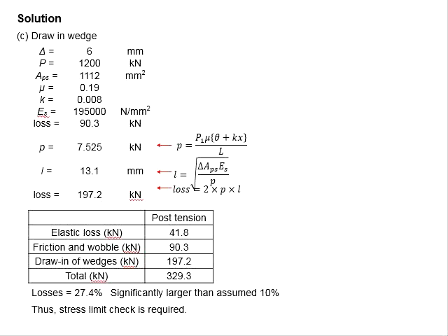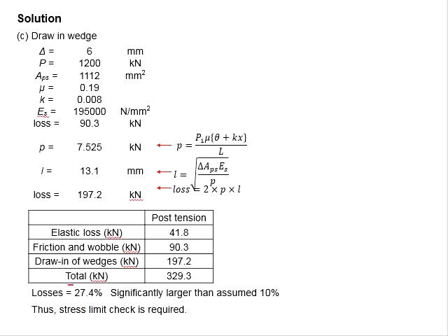If you remember the example that we did a long time ago, the alpha was assumed to be 10%. This final calculated answer is significantly larger than this. That means the check based on the assumption of alpha equal to 0.9, which was found to pass for the serviceability limit state, is now no longer valid.